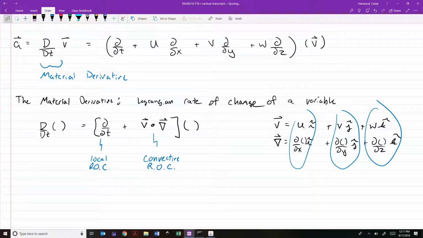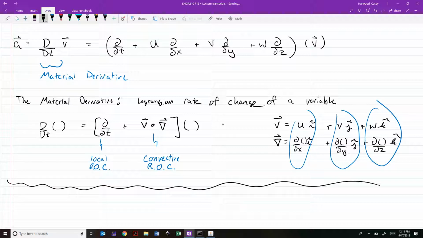Okay, so quick little extension, and then we'll get to those examples.